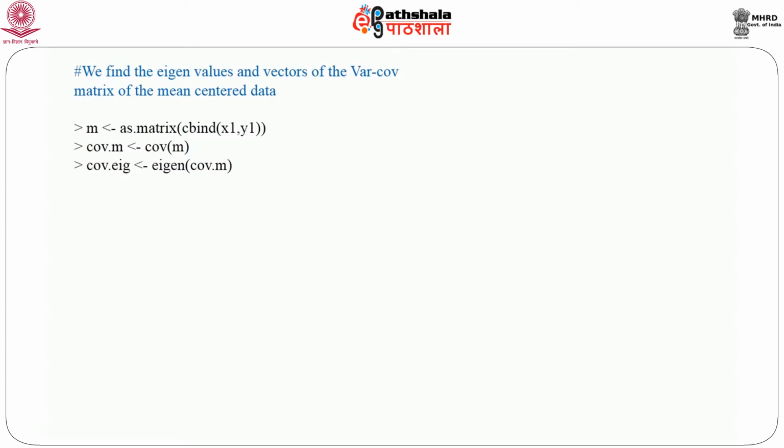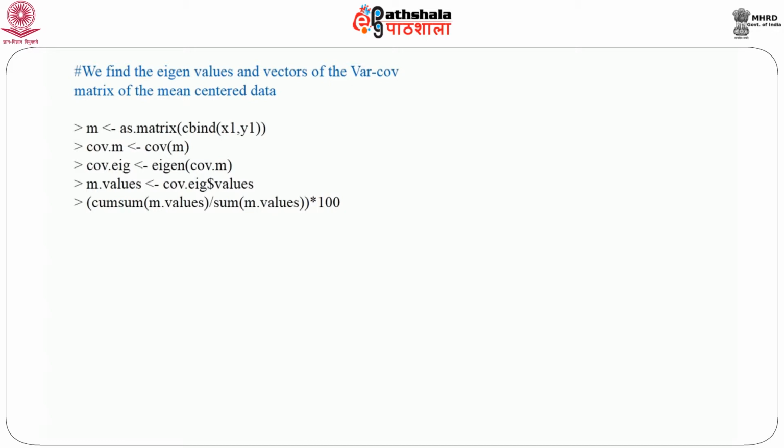Next, we find the eigenvalues corresponding to the covariance matrix, and we extract the eigenvalues with the help of the R command $values from the R object cov.eig. Next, we find the cumulative percentage of the variability explained by the principal components.